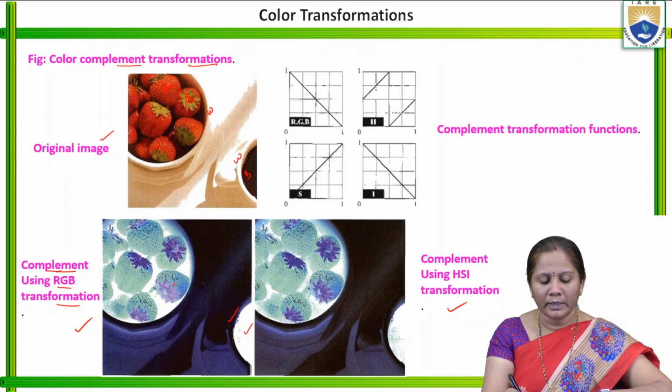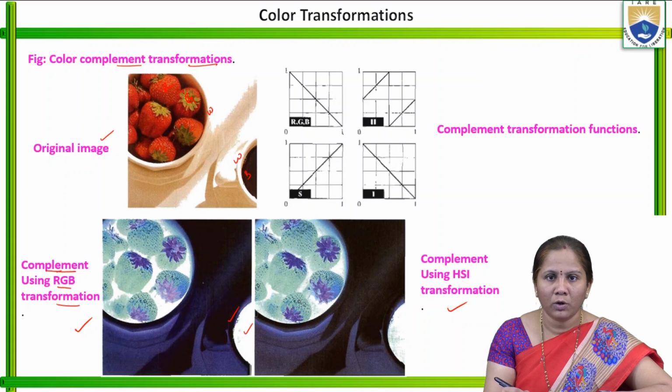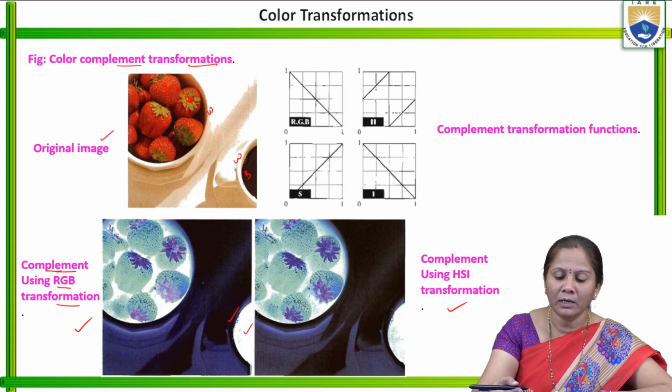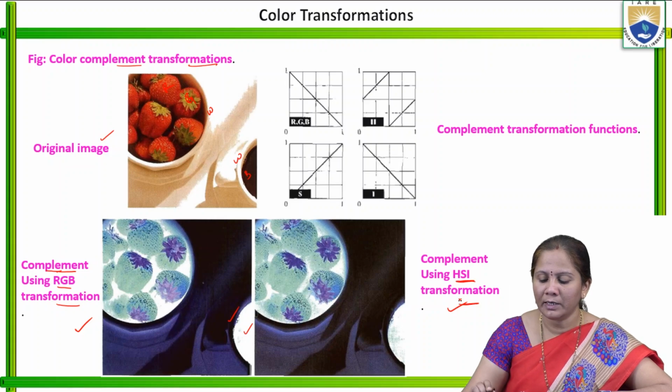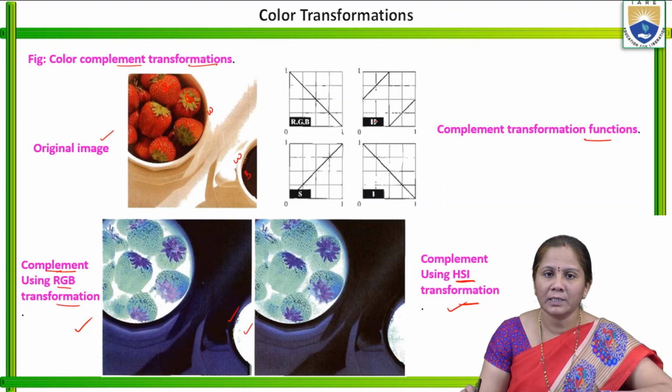Similarly, red will be replaced with a color nearly close to cyan. Based on the color circle, all these colors will be complemented. Similarly for the HSI transformation also. Here the complement transformation functions are clearly represented.